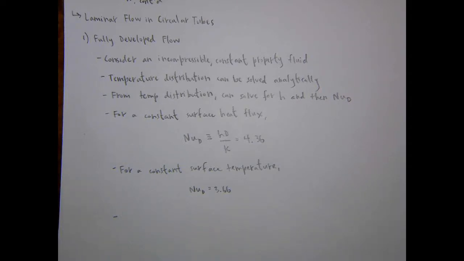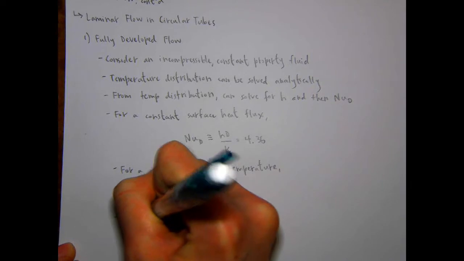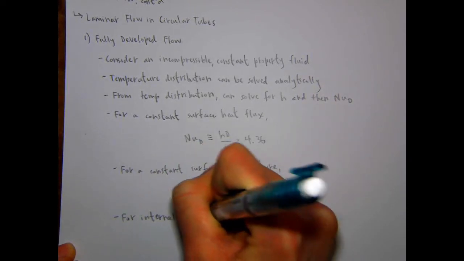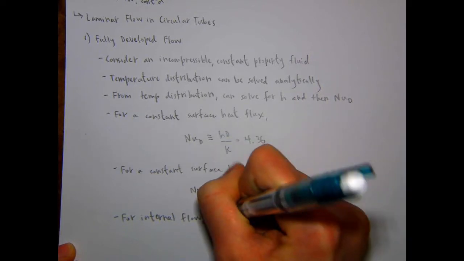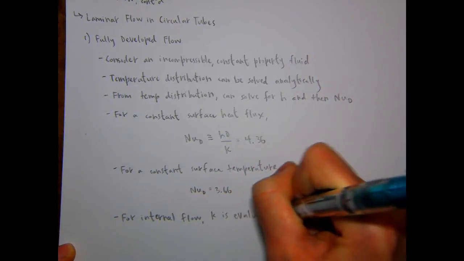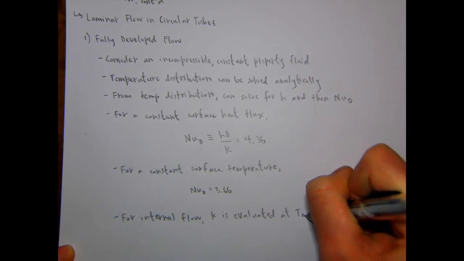But for internal flow, the temperature of the fluid, we're going to assume is given by the mean temperature at a cross section. So for internal flow, k, the thermal conductivity of the fluid, is evaluated at the mean temperature.